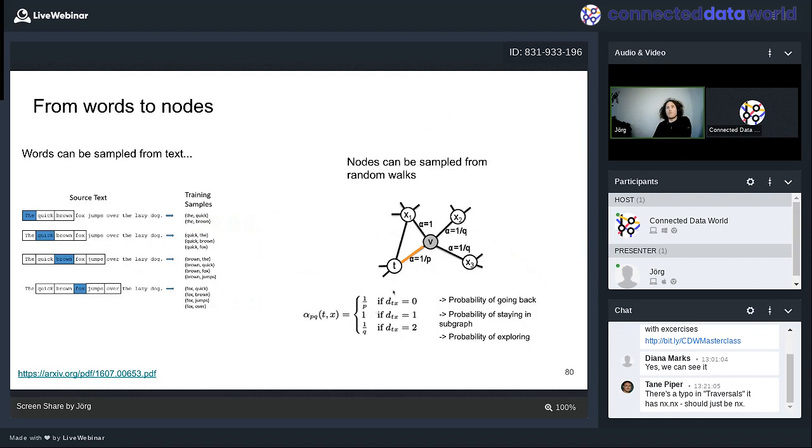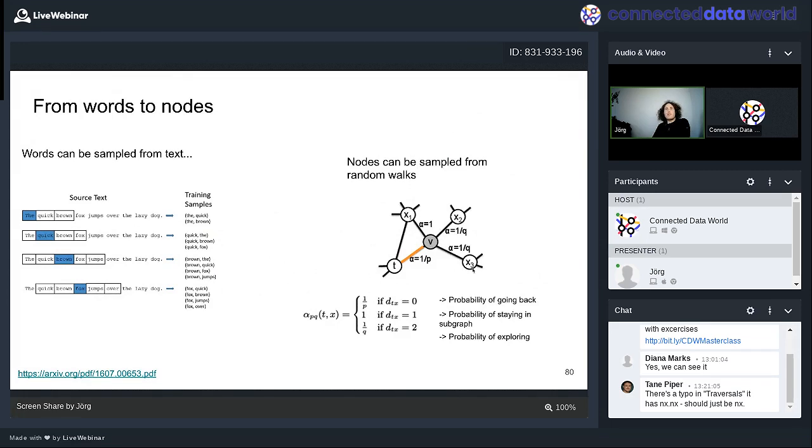This is the first probability, 1 over P, the probability of going back to the same node. The second option is going to X1. X1 is also connected to T, so we would stay within the same subgraph, within the same triangle. The last option is none of those, but to explore the graph further, going either to X2 or X3.